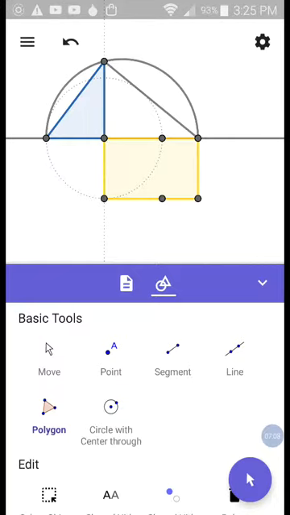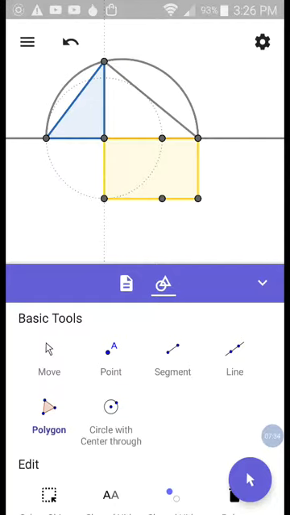And I came up with an image that had this triangle with its side lengths labeled, sitting over a square and a circle. And I said to myself, how am I going to construct this triangle? And I already knew pretty much how to do this. This is the Euclidean method for getting the square root of a length.